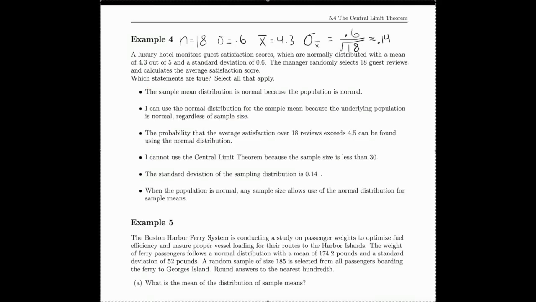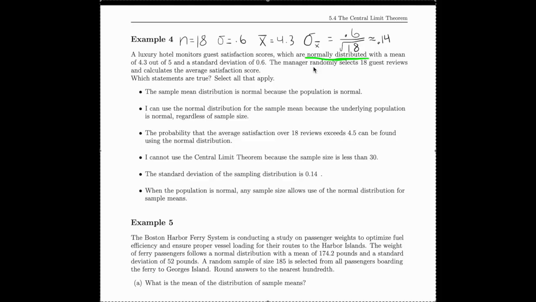Example 4 says a luxury hotel monitors guest satisfaction scores, which are normally distributed. So right here, we're going to quickly pause to underline that. The population distribution is normally distributed. So that's important. We're told that we have a mean of 4.3 out of 5 and a standard deviation of 0.6.